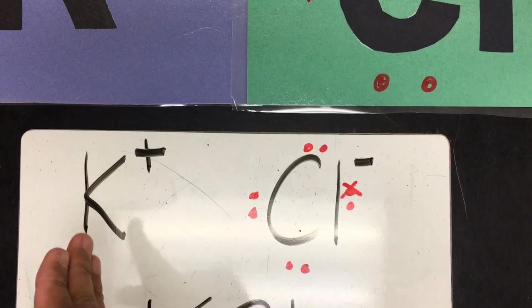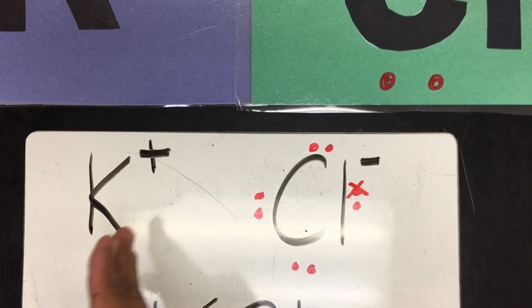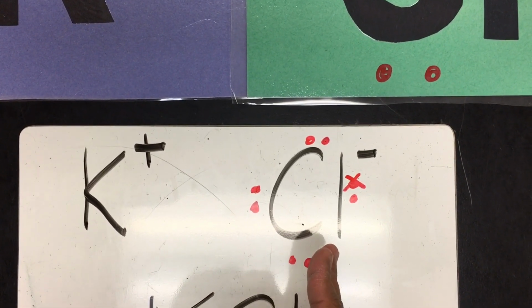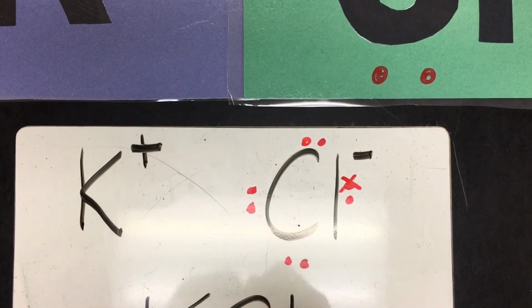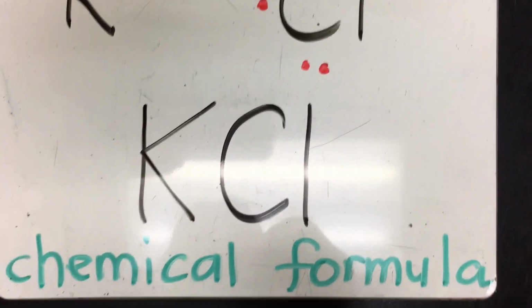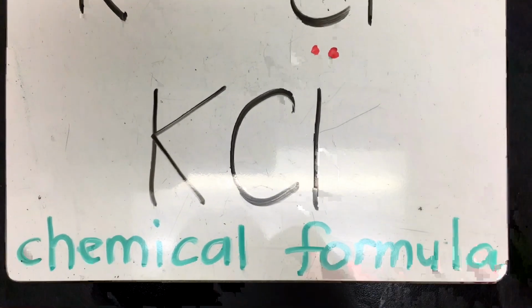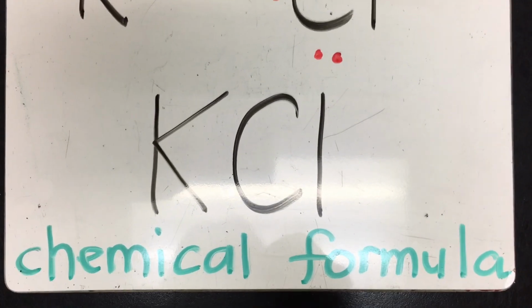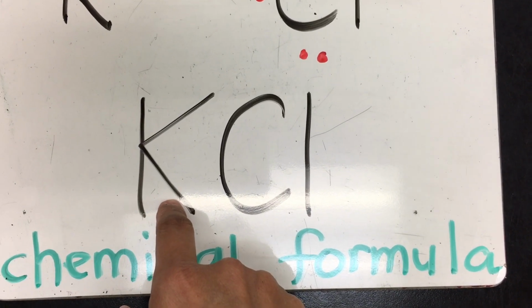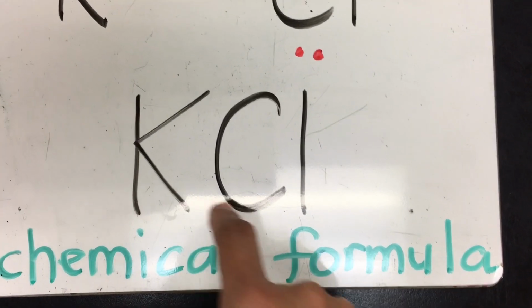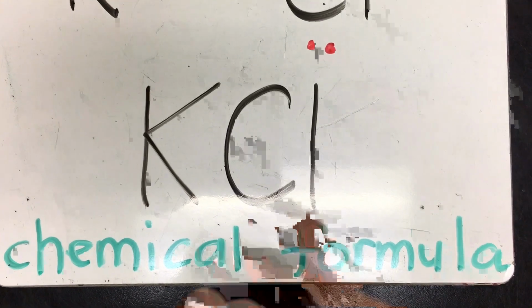Only 1 potassium is needed to make chlorine have 8 electrons. So the ratio of K and Cl is KCl. We call this the chemical formula of your ionic compound. K, being the metal, is written first. There's only 1 K and then 1 chlorine, being the nonmetal.